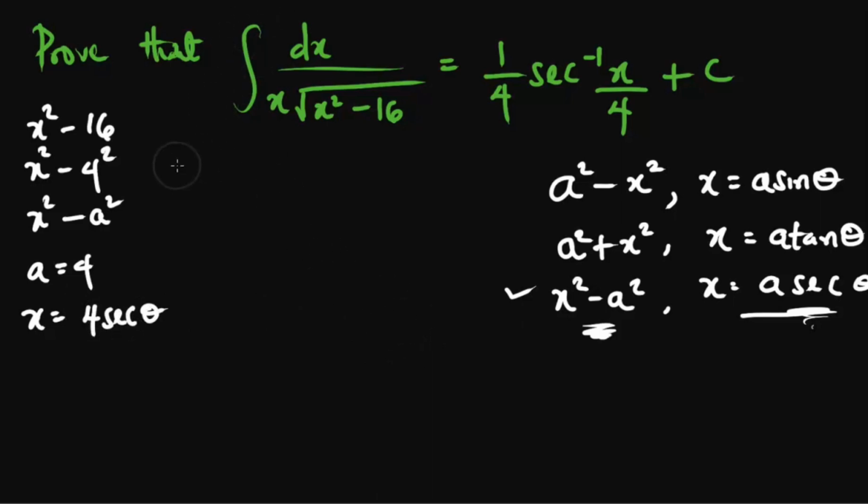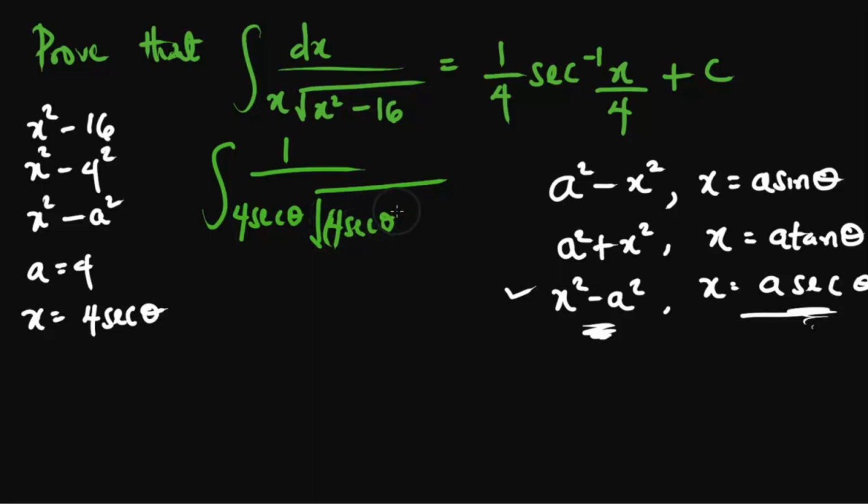So I'm going to come back to my question and say that my integral becomes 1 over, what is x? x is 4 sec theta, root, 4 sec theta all squared, minus 16 dx. Now this is one variable theta, this is another variable x. I want all the variables to be the same.